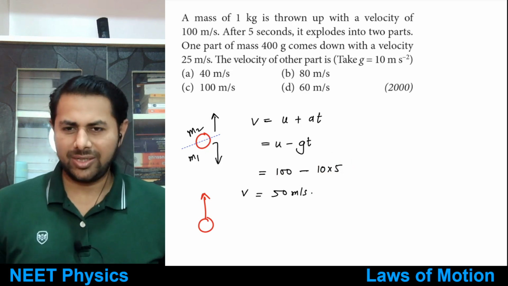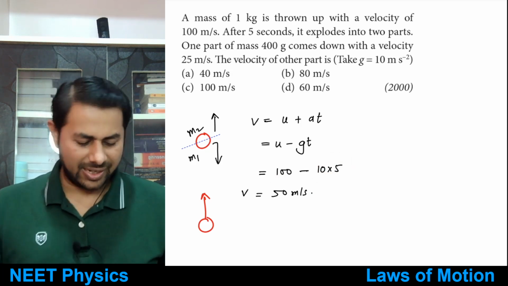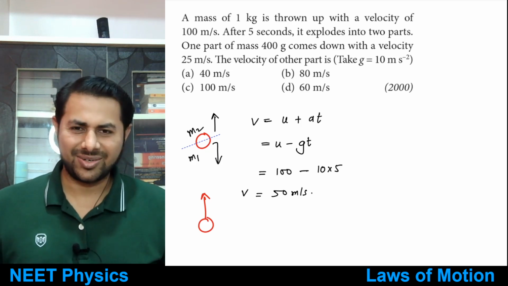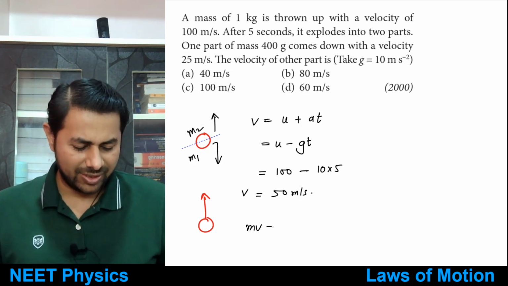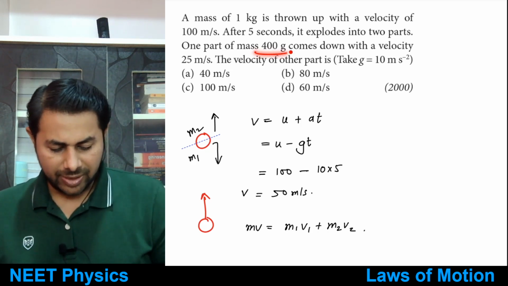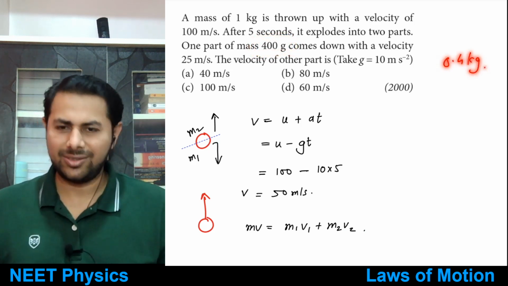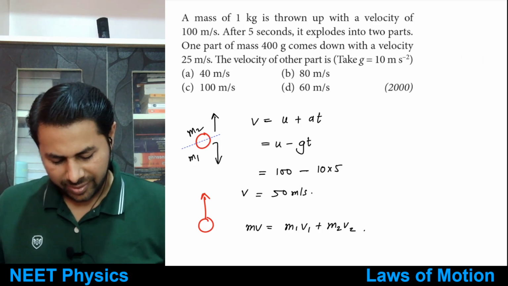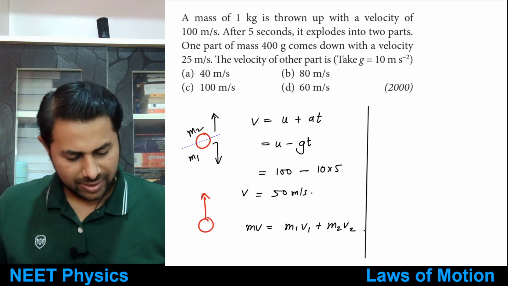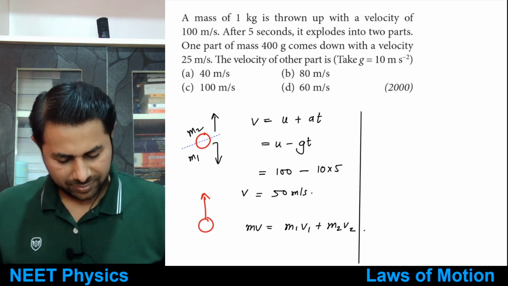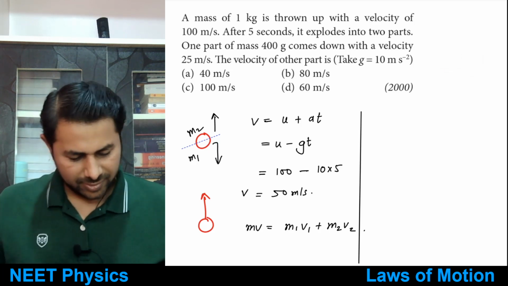So we got the velocity, and then the momentum m times v will be equal to m1 v1 plus m2 v2, right? First mass is 400 grams, so that is 0.4 kg.